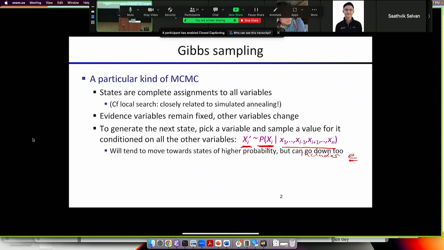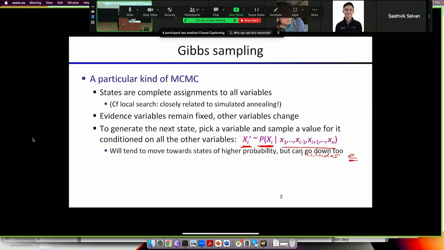So that means that if you started out with a value for xi that wasn't particularly likely, given the other variables, you're likely to move to a new value that's more likely than the one you were in, okay? But you can also go downhill. You might start out with a high probability value, and now you're scrubbing that out, resampling it, and then you're possibly going to go downhill, and choose a new value that's less likely than the one you had before, okay? So in that sense, it's quite similar to simulated annealing.